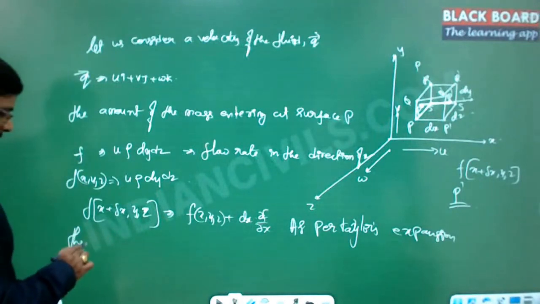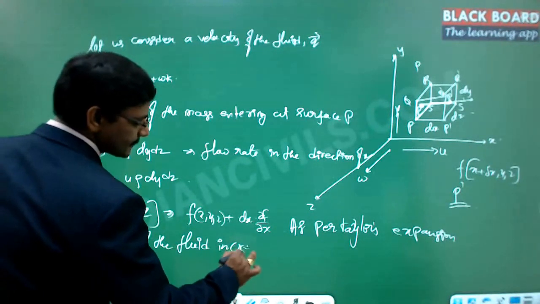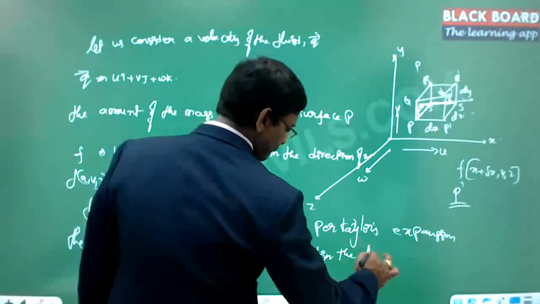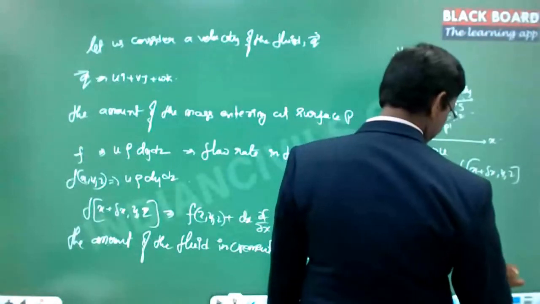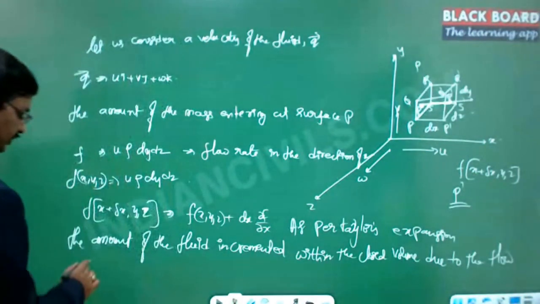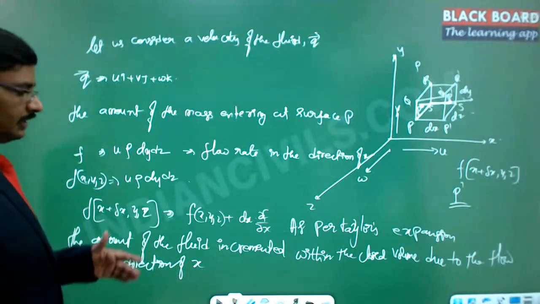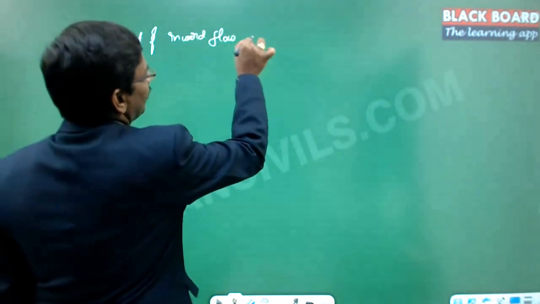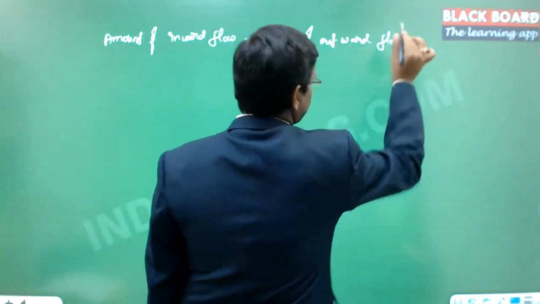So the amount of the fluid incremented within the closed volume due to the flow in the direction of x is the amount of inward flow minus the amount of outward flow.